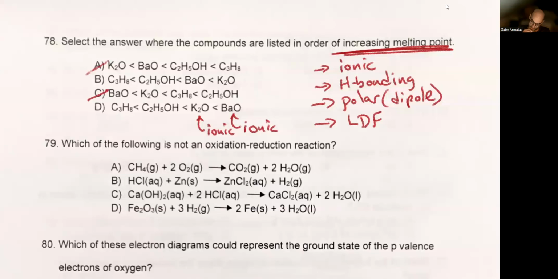So we're selecting between those two. And then the choice between this, which has hydrogen bonding, and this one, which is just LDF because it's all carbon hydrogen. All carbon hydrogen essentially leads to London dispersion forces, and that's pretty much it. So the question is barium oxide or the potassium 78.